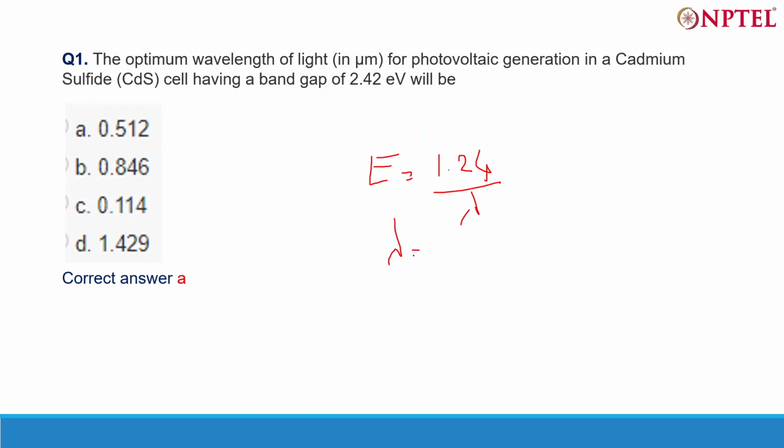So we need to calculate lambda equal to 1.24 upon 2.42. So it's 1.24 upon 2.4, something around half. So it should be around 0.5 or something, in micrometer. So this is the correct answer, 0.512. See if you guys are able to do it. Try to do it.